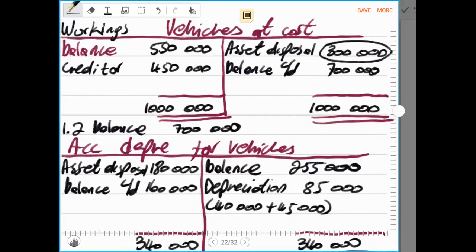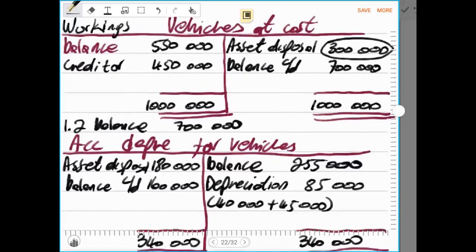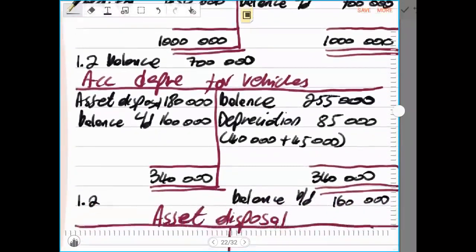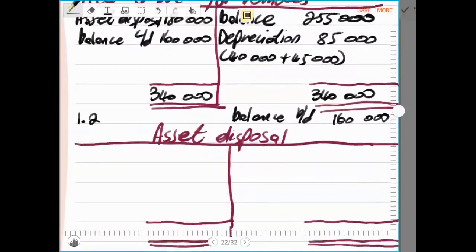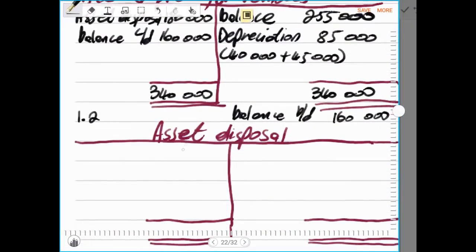So now we know that for every debit entry there must be a credit entry. Asset disposal is credited under the vehicle account, therefore now it must be debited in its ledger account, and the cost of that is 300,000 rands. Contra entry will be vehicle.